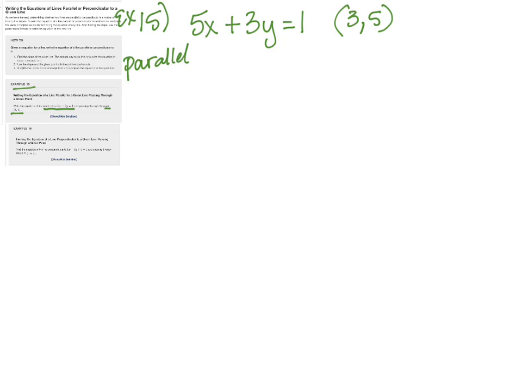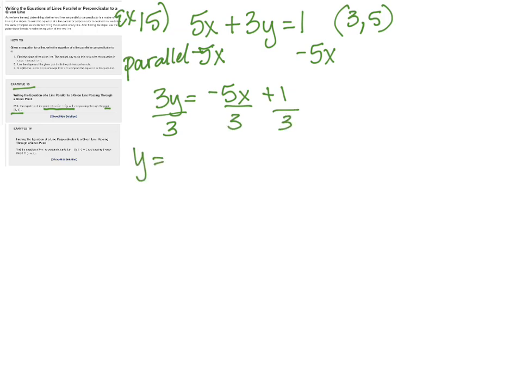How do we do that? Move 5x. How would you move it, Joseph? Subtract 5x from both sides. Same way we did this earlier. So now I have 3y equals negative 5x plus 1. Divide everything by 3.